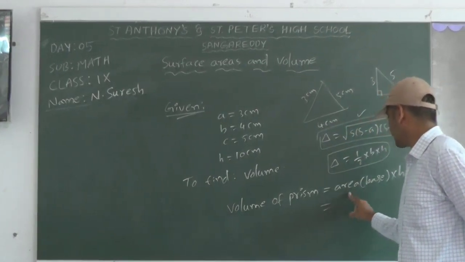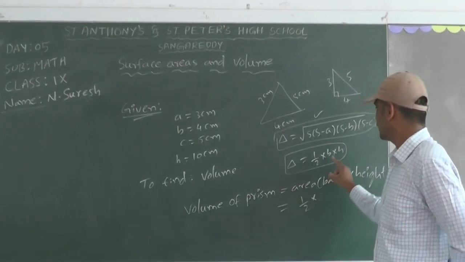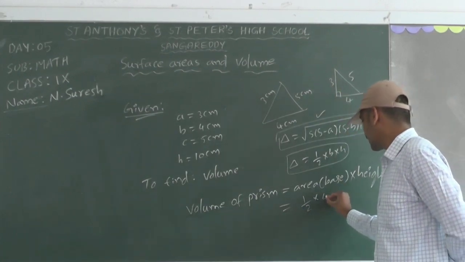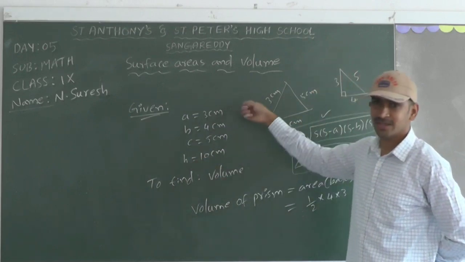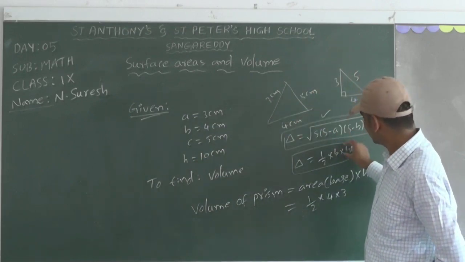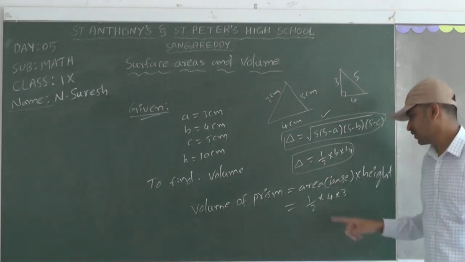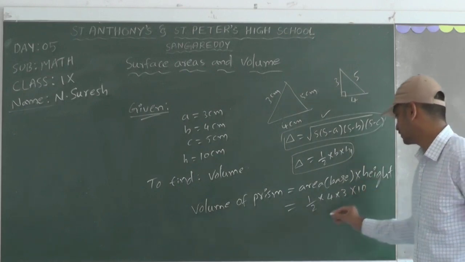So area of the base is half into b into h. The base is 4, the height is 3, 4 into 3. Very important: this h is the height of the prism, and this h is the height of the triangle. I want to avoid the confusion. Half into 4 into 3 into height of the prism, that is 10.